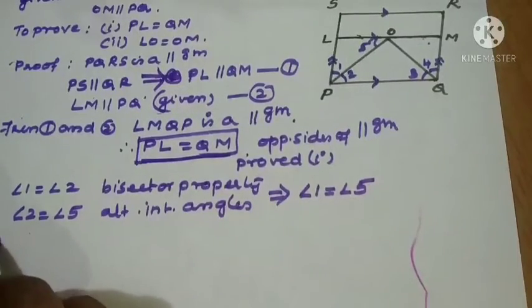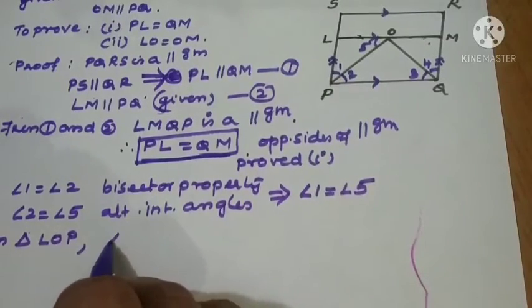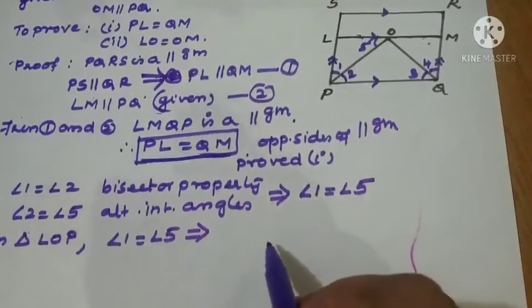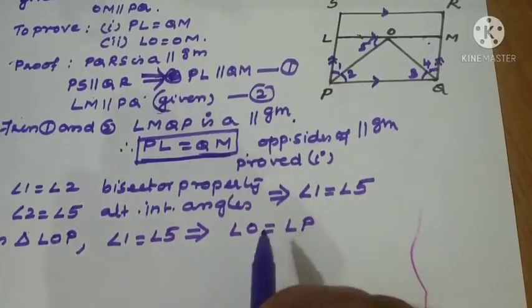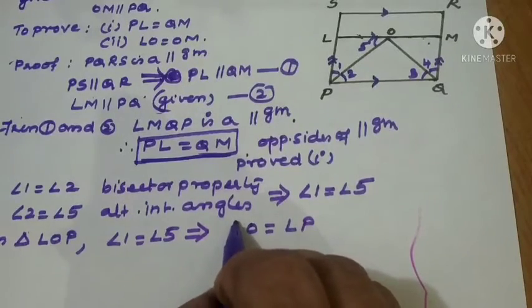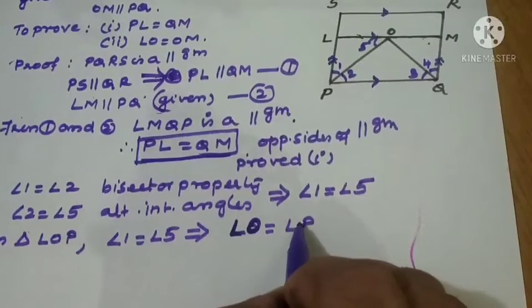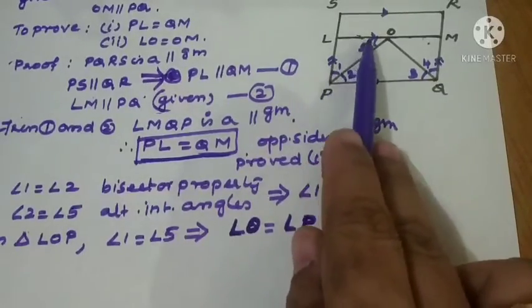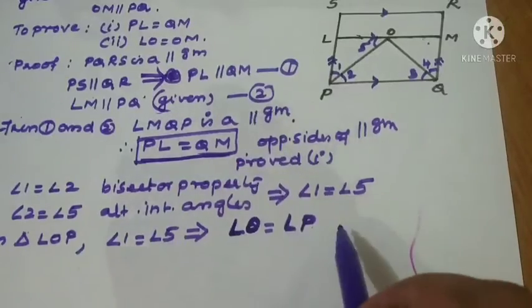Now in triangle LOP, angle 1 equal to angle 5 implies LO equal to LP. Okay, here I'll write L. LOP equal to LP only, right? So LP and LO are equal. Equation number 3.